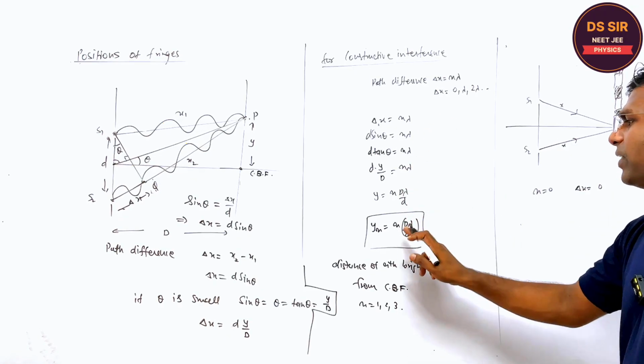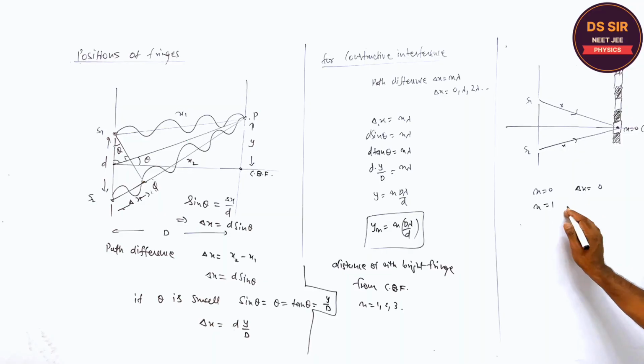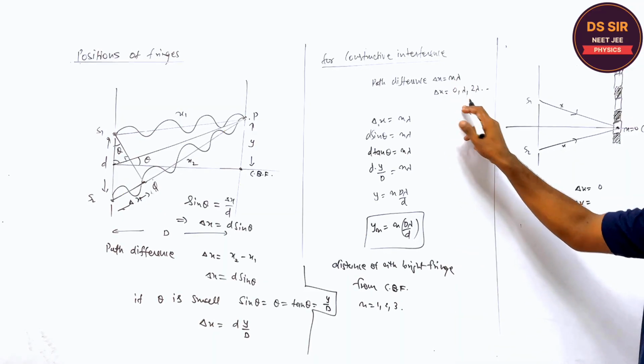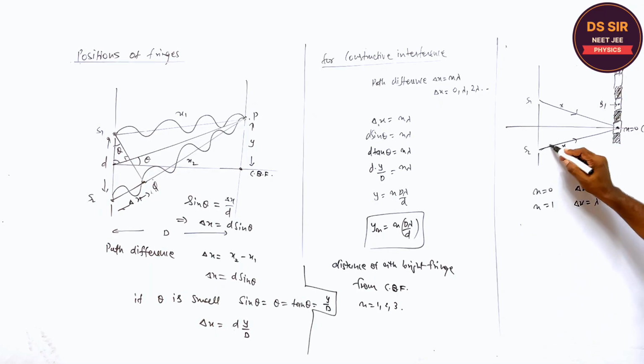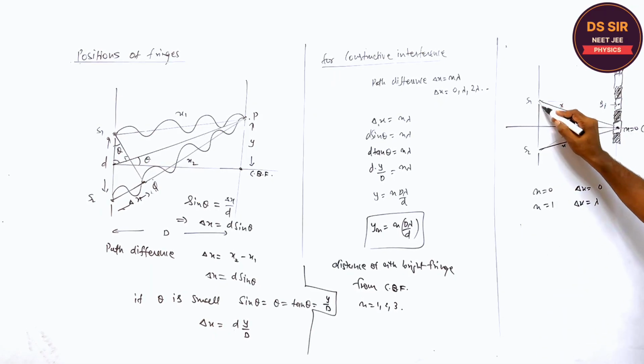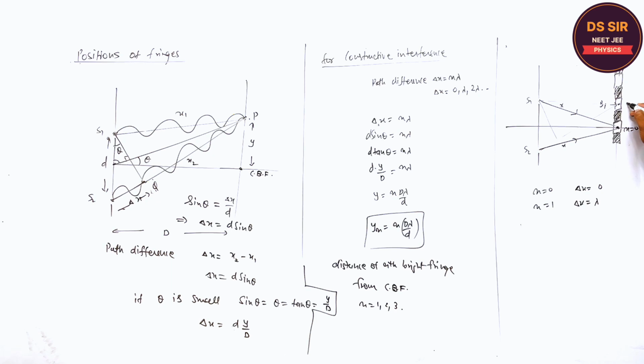Next, if n is equal to 1, so delta x is equal to what? n is equal to 1, delta x is equal to lambda. It means if you consider this is the B1 over here, suppose, right? So for this wave, what is the path difference? The path difference is lambda over here. Is it clear or not?